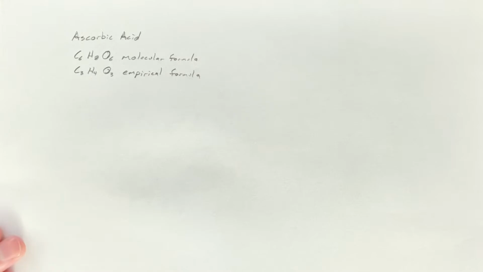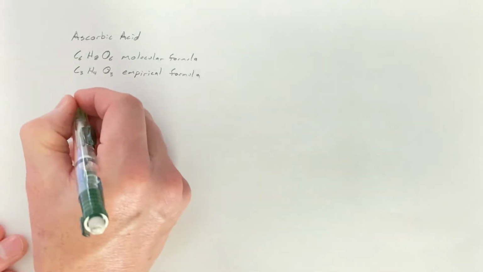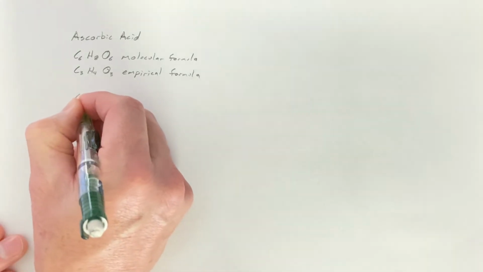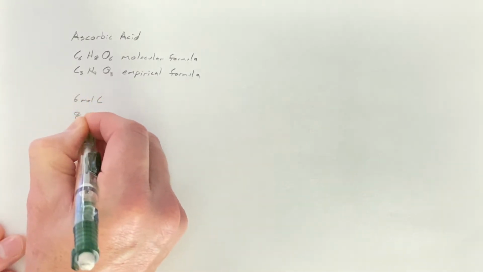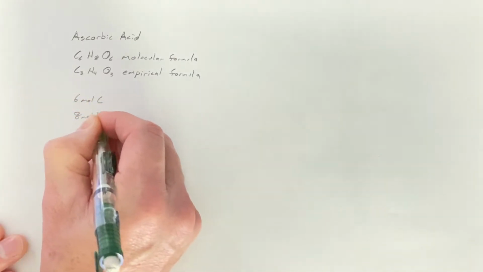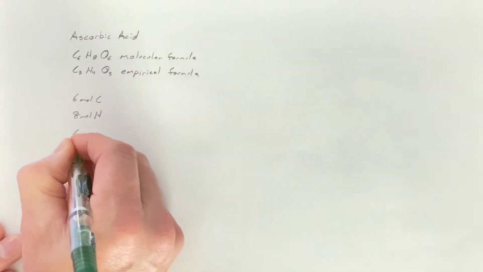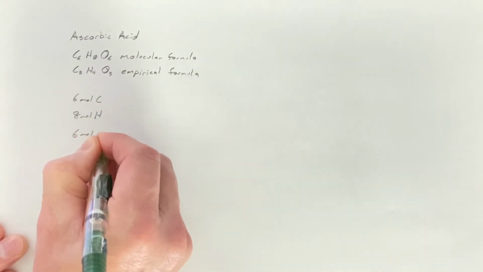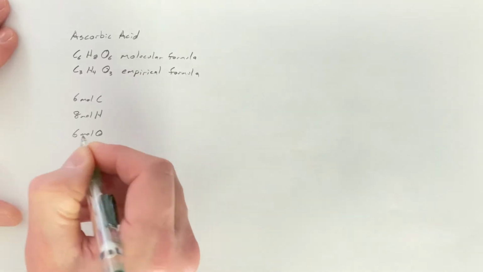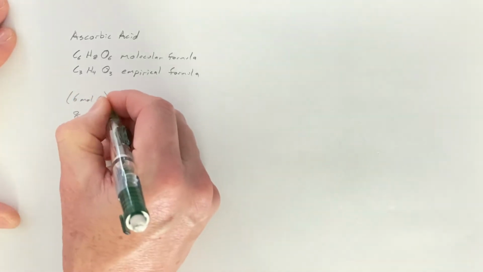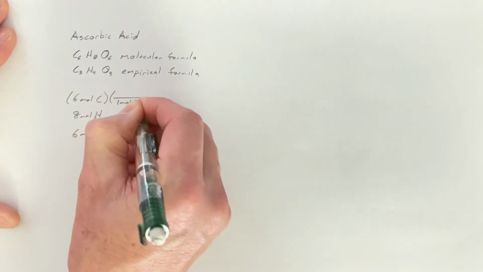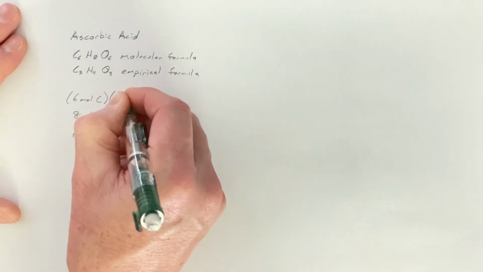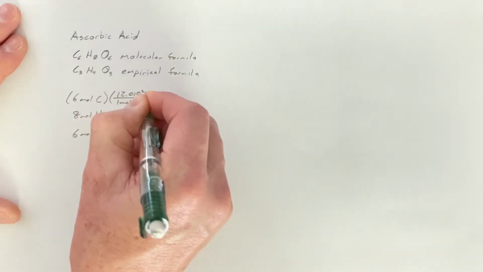As we look at the molecular formula, we realize that it contains 6 moles of carbon, 8 moles of hydrogen, and 6 moles of oxygen. If we go to the periodic table, we'll see that 1 mole of carbon has a mass of 12.0107 grams.